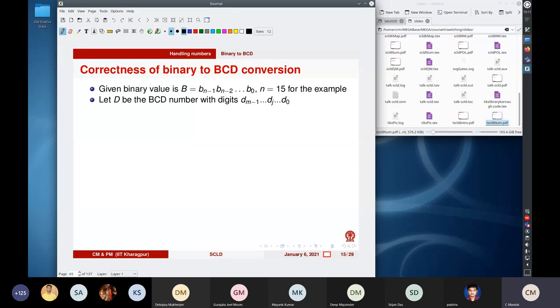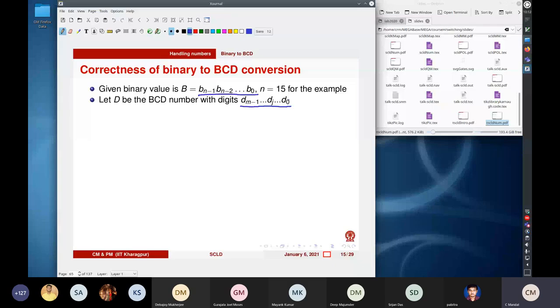So let's say this is your binary number of n bits, and this is your binary coded decimal number in m digits.